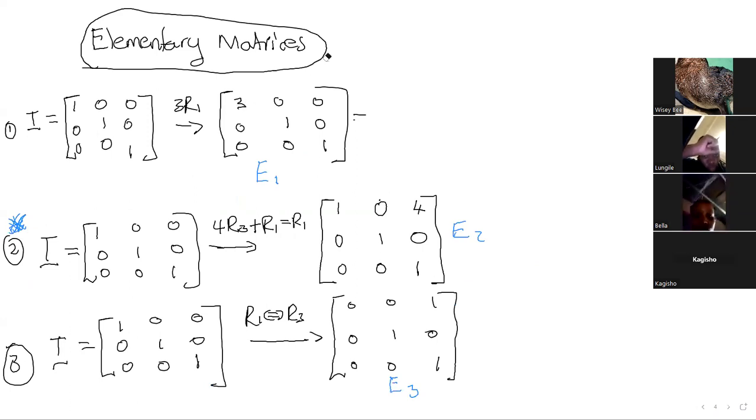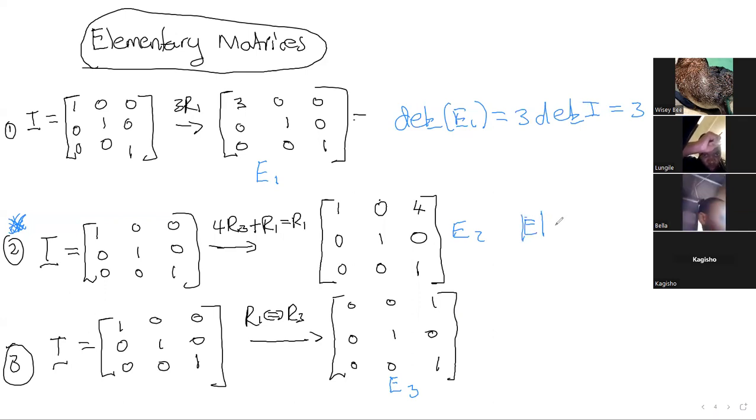So in this case, determinant of E1 will be 3 times determinant of I. The determinant of I is 1, right? In this case, it's going to be E. Another way of writing determinant is just putting the E. It's going to be 1.